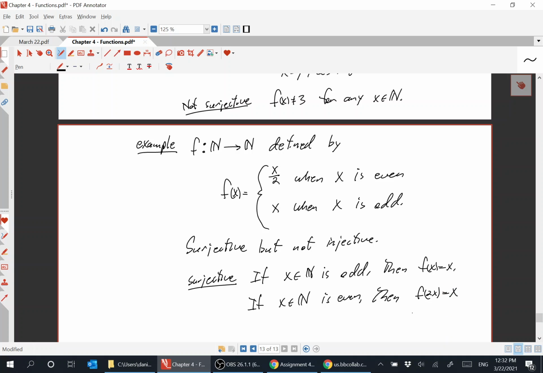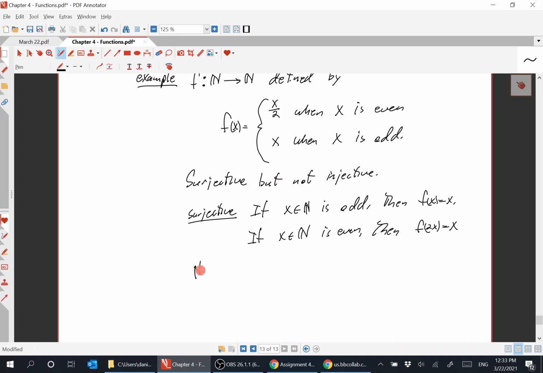So no matter what x it is that you're looking for in the range, which is the same as the domain, you have something in the domain that goes to that range element. When x is an even number, f of 2x goes to x, because when you divide 2x by 2, you get x. If x was odd, well, f of x was equal to x when x was odd.